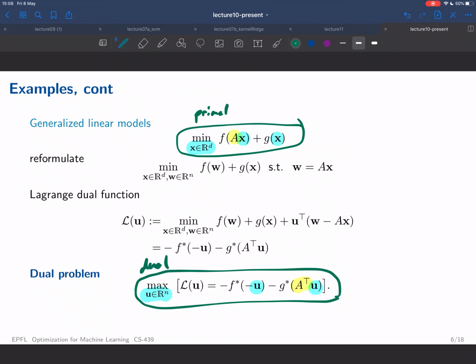And that's exactly because you have the conjugates which appear, and you have seen that the conjugate behaves how I showed you for the interesting case of indicator functions of sets. So that's how you can understand what the dual is of linear regression and also linear classifiers such as support vector machines.